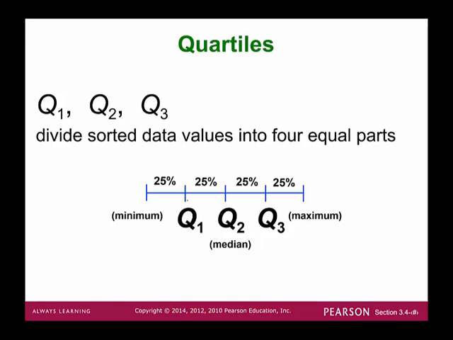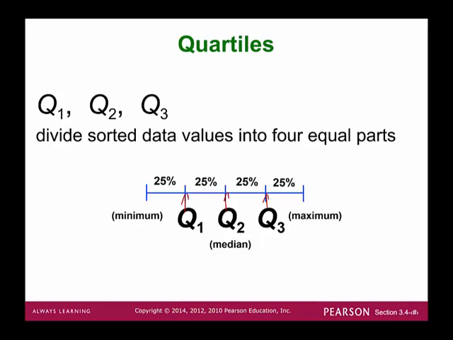So quartile 1 here is located right here, separating the bottom 25% from the top 75%. Quartile 2 is right in the middle, separating the bottom 50% from the top 50%. Quartile 3 separates the bottom 75% from the top 25%.